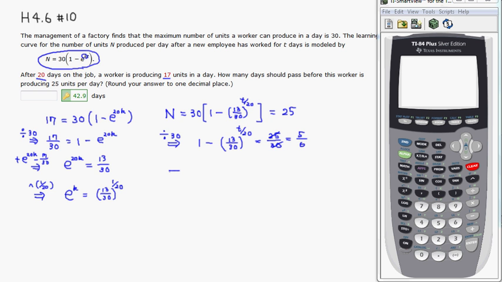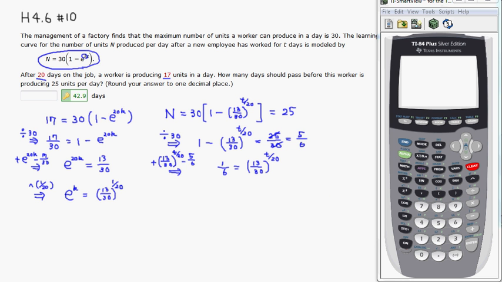So basically we're going to add 13 over 30 to the t over 20 power, and then subtract 5 over 6. So 1 minus 5 over 6 is 1 over 6, which is equal to 13 over 30 raised to the t over 20th power.